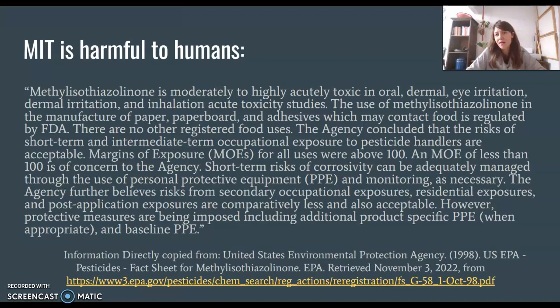So if you think about it, this product that you're putting on your skin or using to wash your hair or your body, or even using an over-the-counter or prescription medication, if this is used as a preservative in any of those products, as well as those baby wipes that you're using on your children, it's fairly toxic enough to have to be protected against the skin for those workers who are coming into contact with it quite frequently.